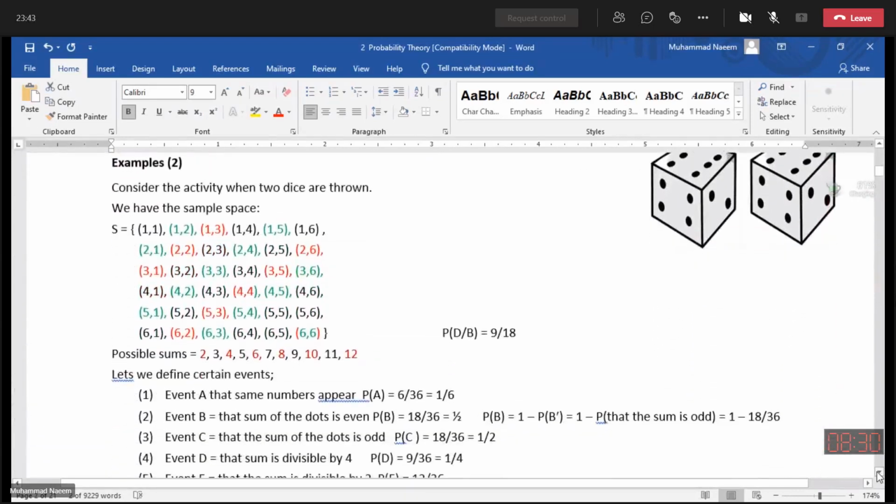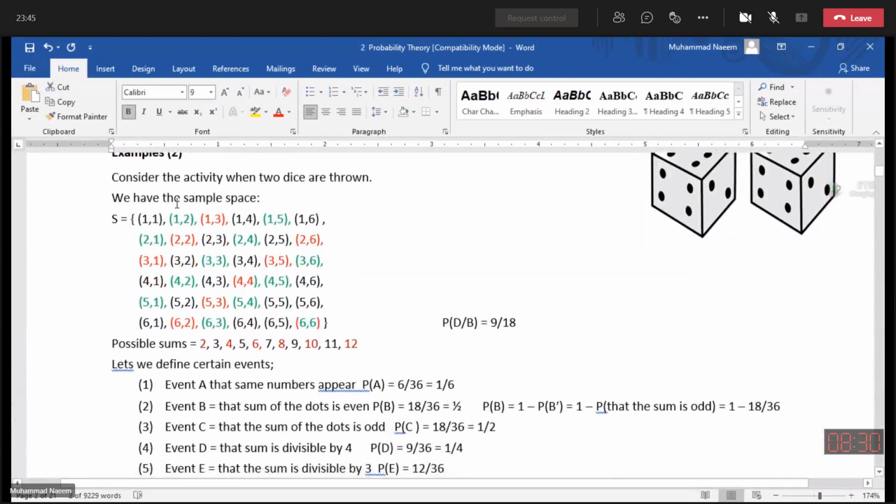Now consider an example of the activity when two dice are thrown.